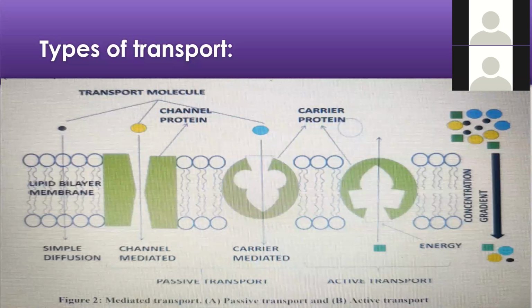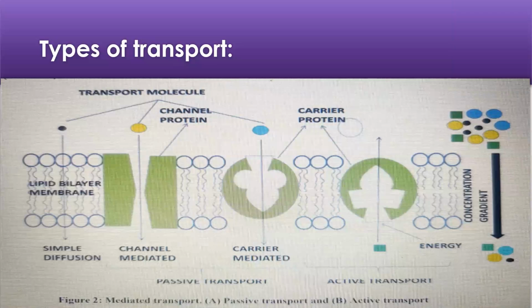All these processes come under the passive transport system, which is the transportation of molecules from inside to outside or outside to inside without the utilization of ATP as an energy source. The other type is active transport, where ATP is utilized and molecules move from lower concentration to higher concentration, meaning against the gradient.